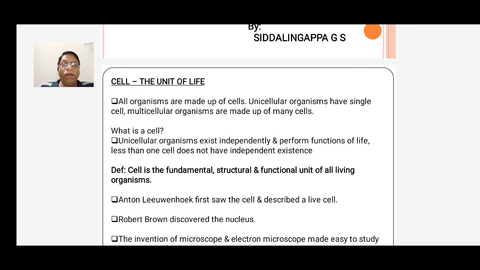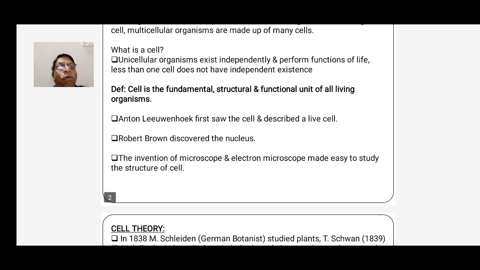So Robert Brown discovered the nucleus. It is all possible because of the invention of microscope and another important one, the electron microscope, which made it easy to study the details of the cell or structure of the cell.